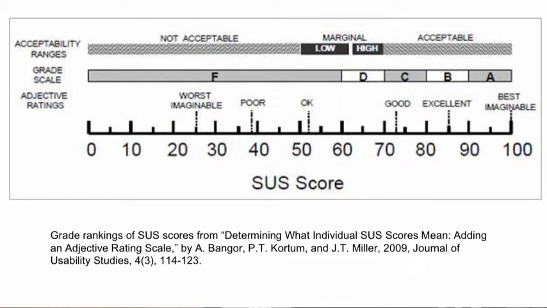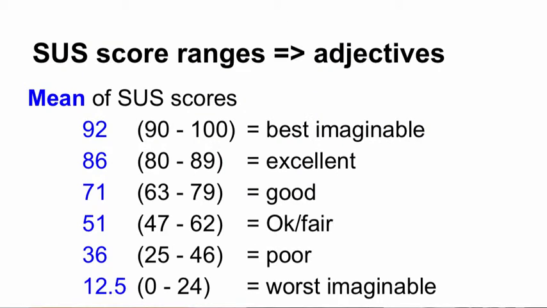And so what has happened is that some other people, in this case people with the delightful names of Bangor, Kortum and Miller, have done a bit of correlation between the SUS score and some adjectives. And that's what I use because I find the score on its own doesn't tell people a lot. So if you look at the mean of a particular score band, the bands are in the brackets, then they've correlated these with some adjective descriptors.